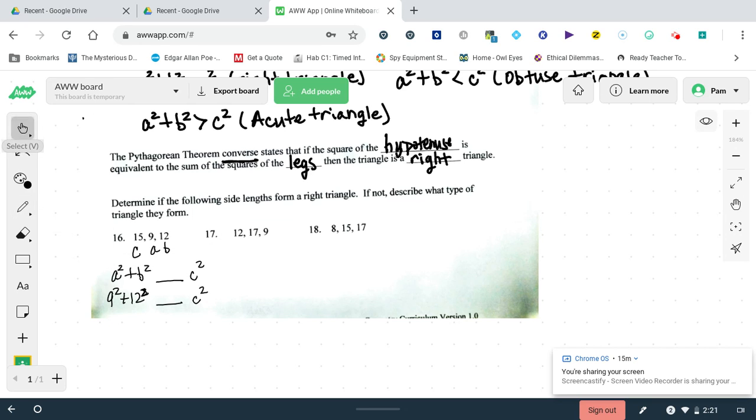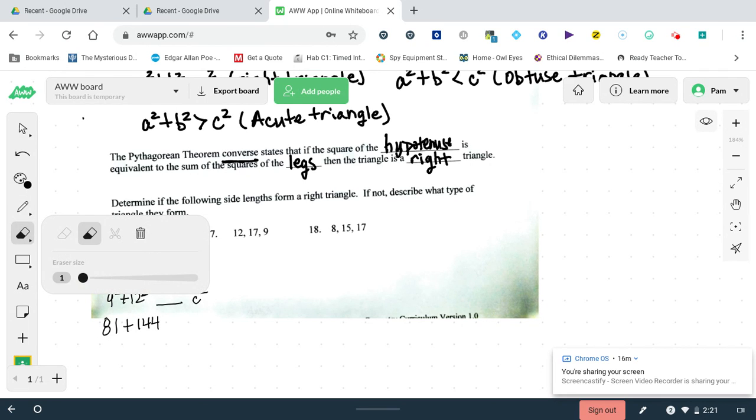All right, so now that gives us 81 plus 144. I needed to go back and fill this in. Hold on, guys. I don't want to put c squared because I actually know c.